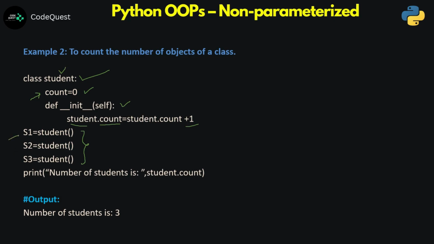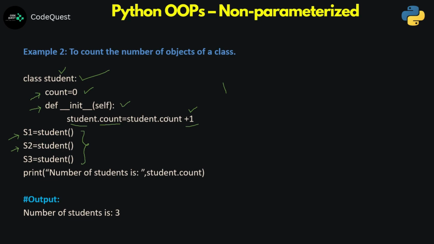Now for the first time when this object s1 is created, of course it is going to invoke this constructor, as a result of which the count value, which was earlier 0, has been increased to 1. For the second time, when the s2 object is created for the same class, once again this is going to invoke the constructor.